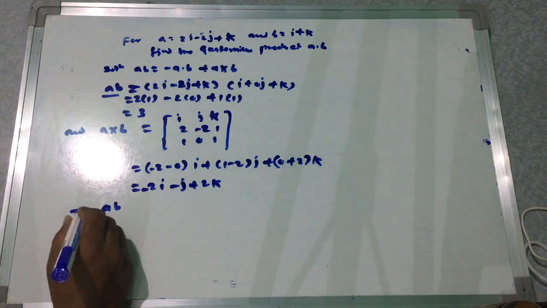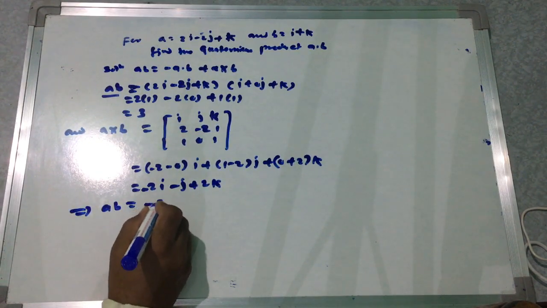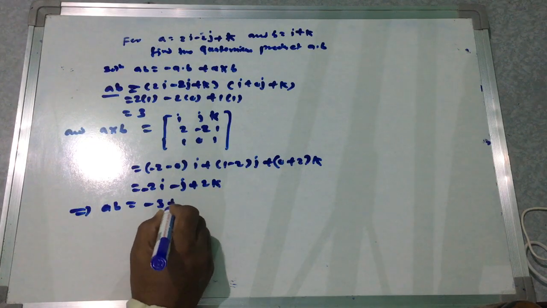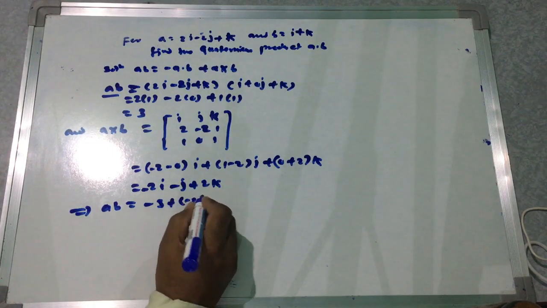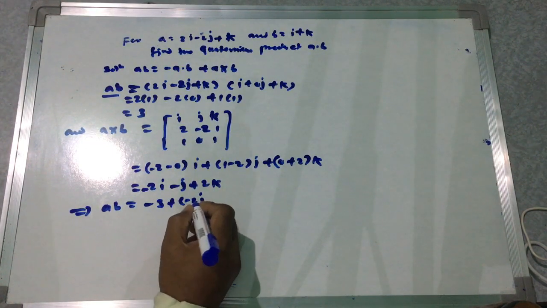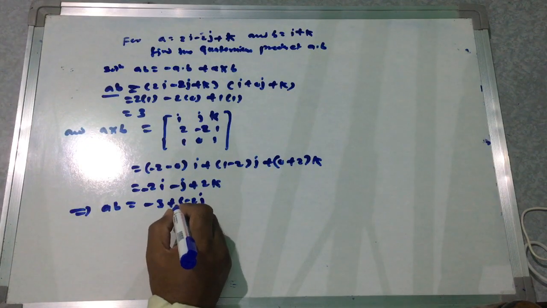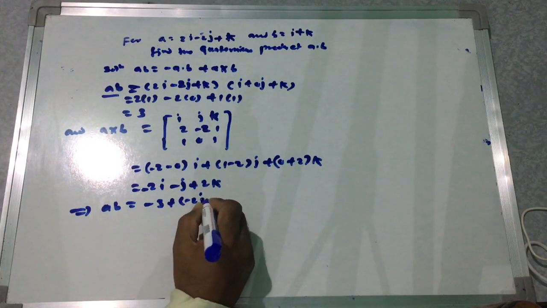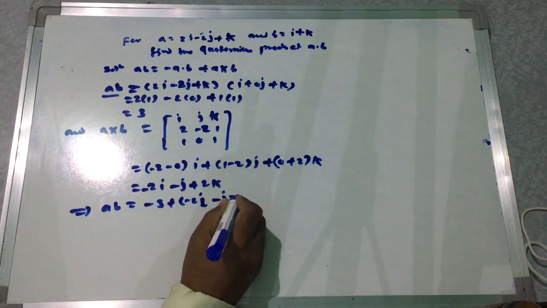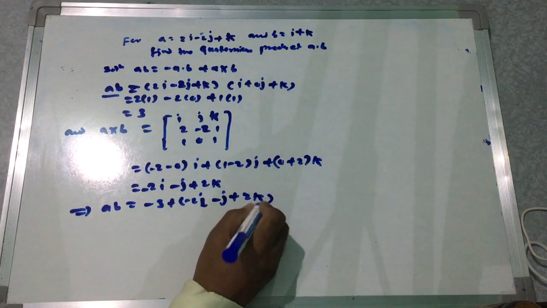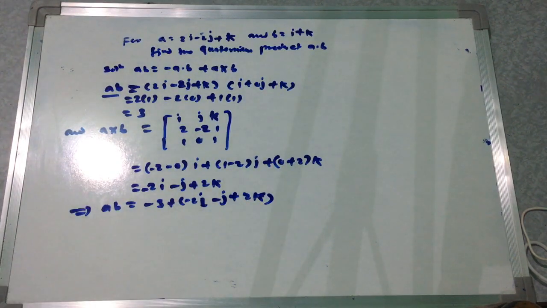So we have AB is equal to minus 3 plus minus 2i minus j plus 2k. So this is the solution.